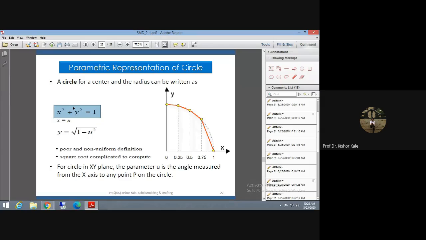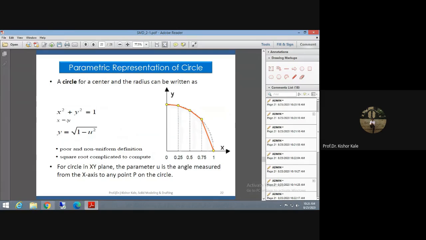Implicit form, because all variables are on one side and equated to some constant. All the variables are on one side, equated to one constant. So I will say this is an implicit equation.